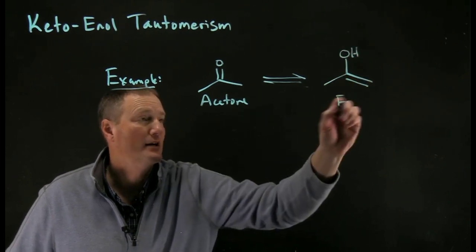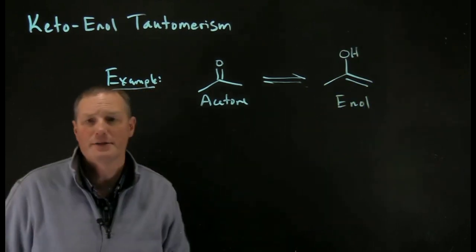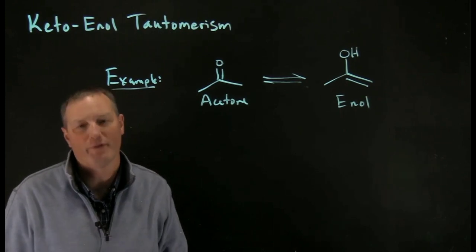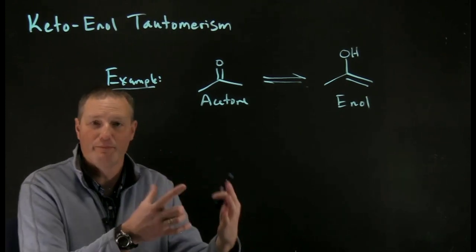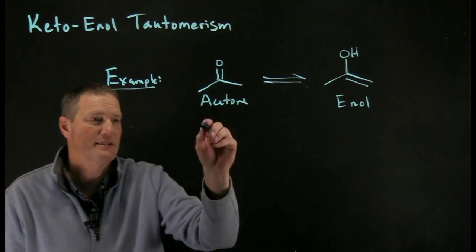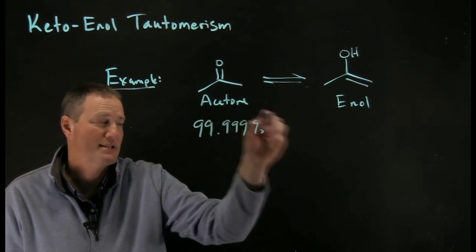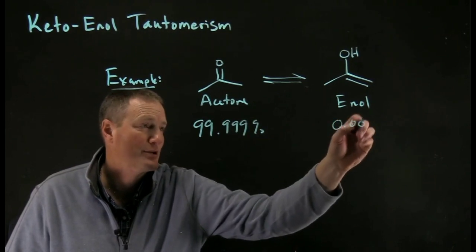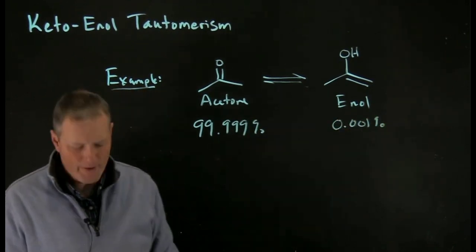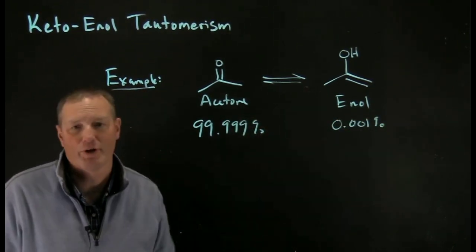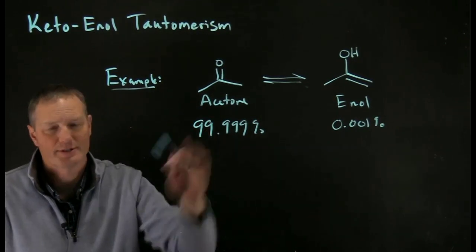Okay, so this is the enol form. I just mentioned that the keto form is typically the more favored form. If we actually were to measure the relative amounts of these, this one would come out to be about 99.99%, whereas this one would be 0.001%. So it's a very, very minor amount that would ever go to the enol, particularly with ketones.